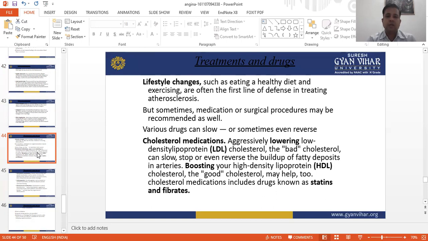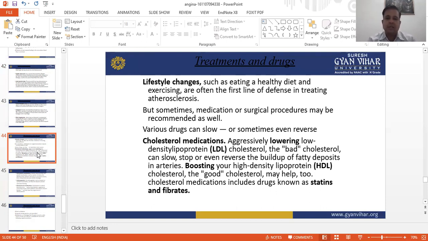Various drugs can slow or sometimes even reverse atherosclerosis. Cholesterol medications: aggressively lowering low-density lipoprotein cholesterol, the bad cholesterol, can slow, stop, or even reverse the buildup of fatty deposits in arteries.